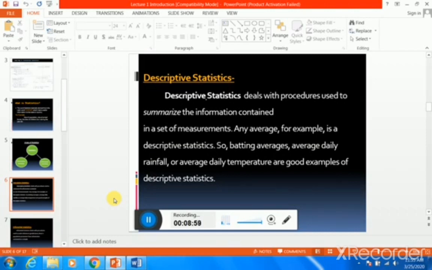Therefore, the definition simply explains that descriptive statistics deals with the procedures used to summarize the information contained in a set of measurements. Or in simple words, descriptive statistics is a science of collecting, organizing, presenting, analyzing and interpreting numerical facts to assist in making more effective decisions.